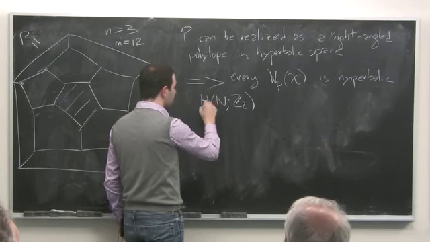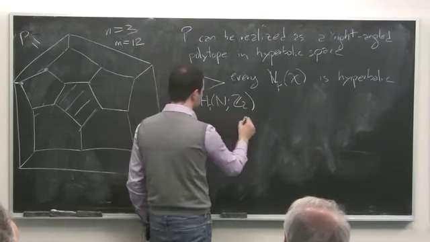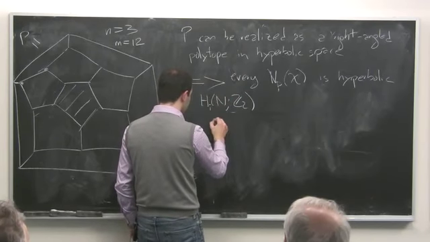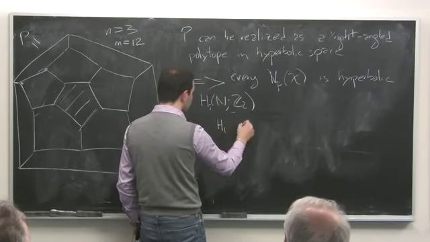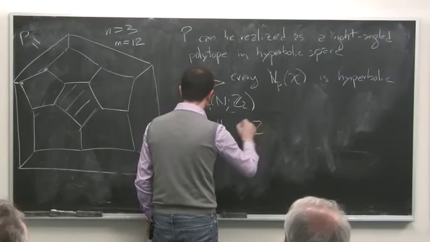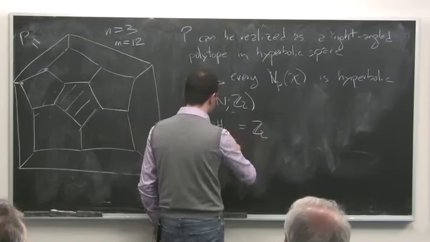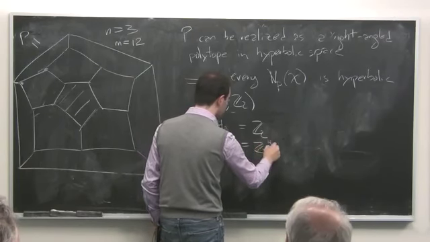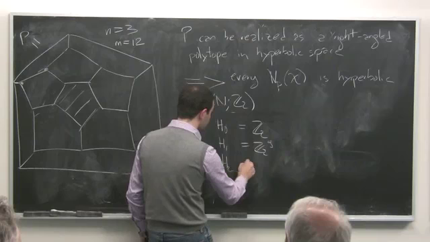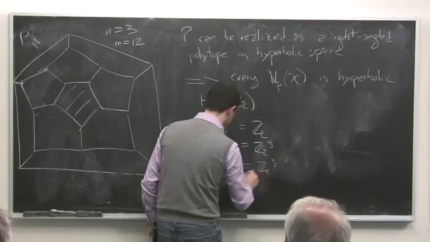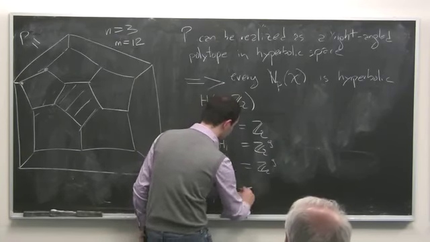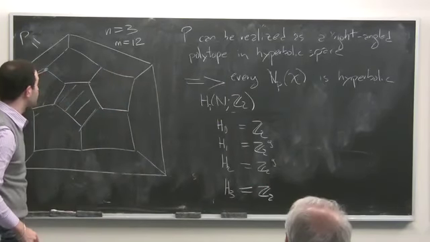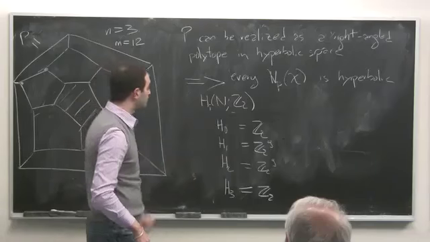It's specified by the h-vector. So H_0 is Z_2, H_1 is Z_2 to the 9th, H_2 is Z_2 to the 9th again, and H_3 is Z_2. So this is the additive structure of any small cover sitting on top of it.